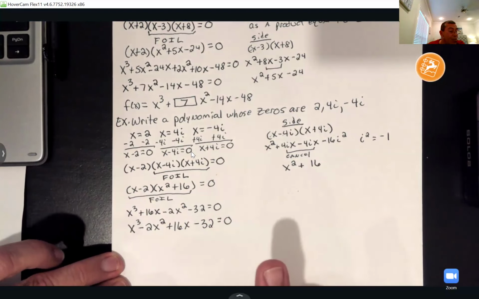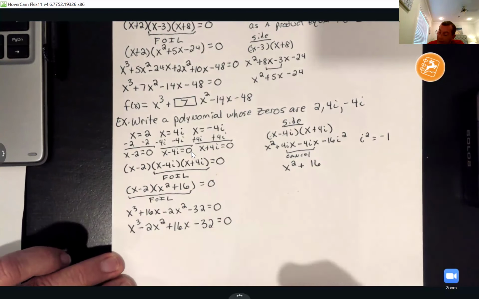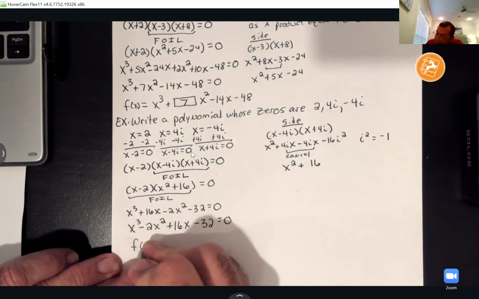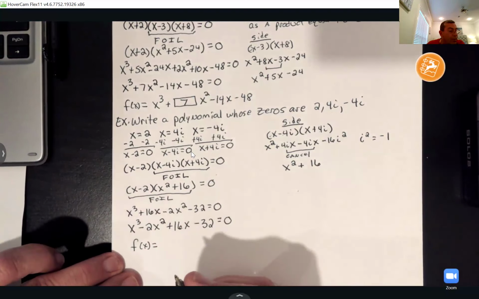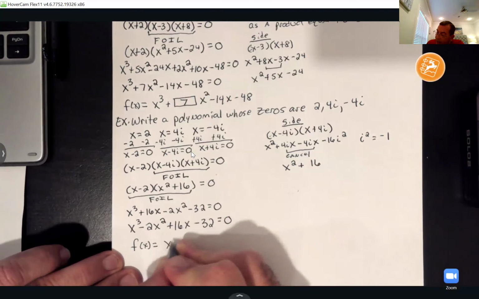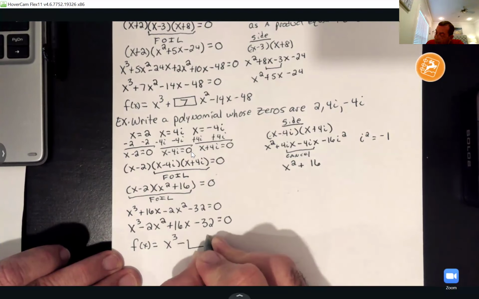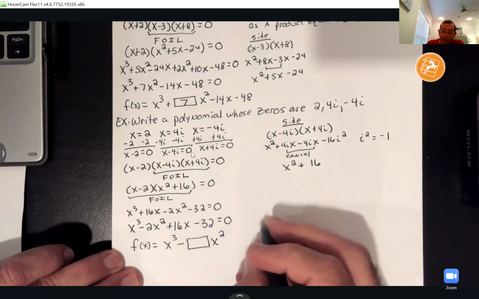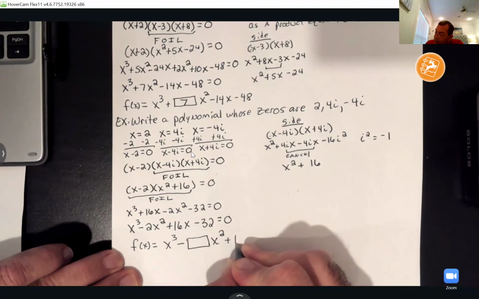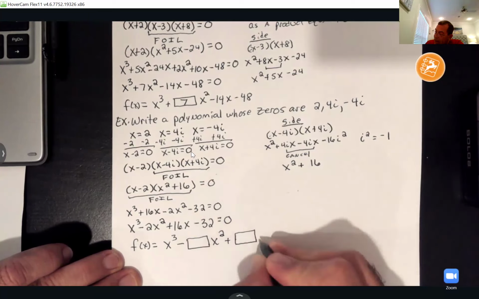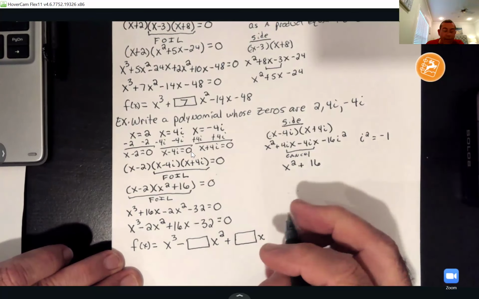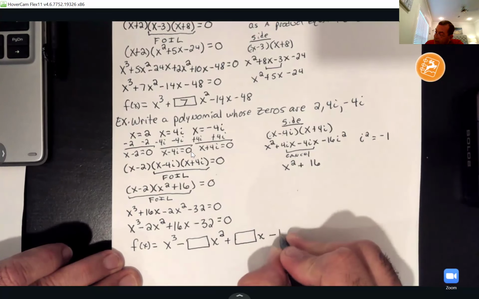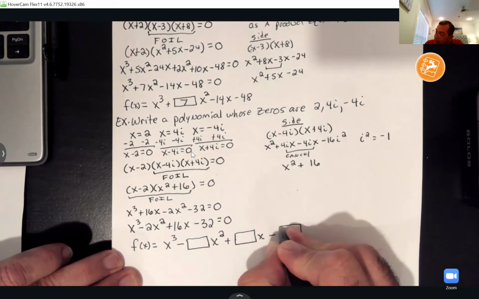So for that one, what they did: f of x equals x to the third minus blank x squared plus blank x minus blank.